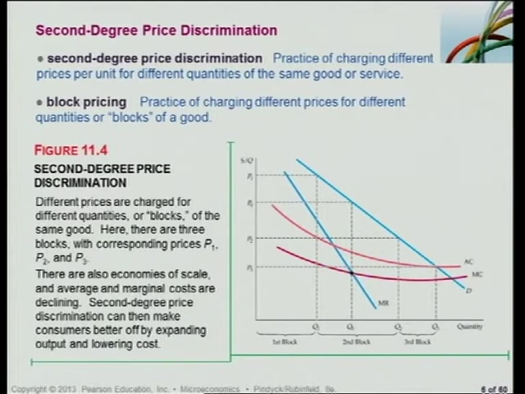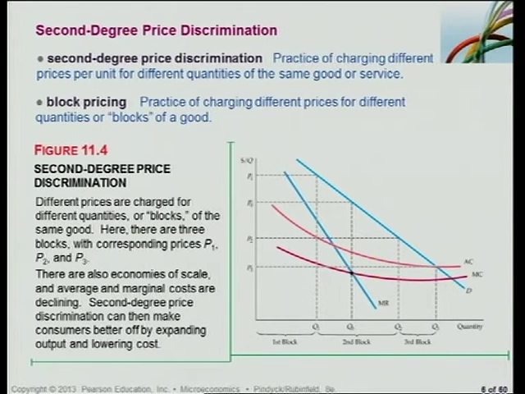Now, if a single price is being charged, then what will be the price? It will be where the MR curve intersects the MC curve, and it will be at the price of P0. So P0 is the single price that will be charged.